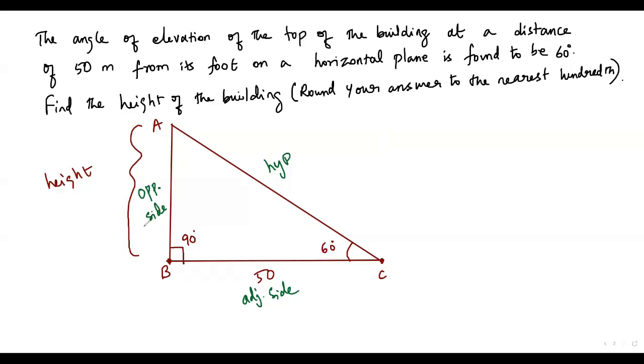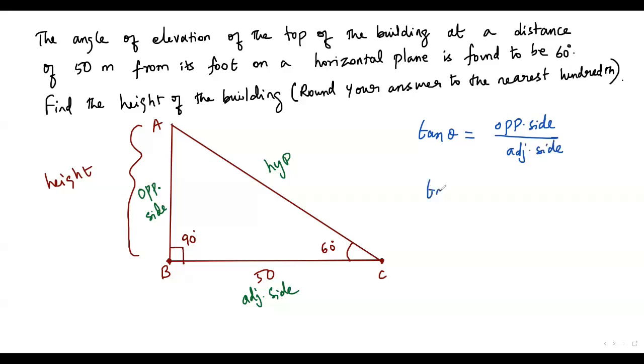So we have to consider the trigonometric ratio in which we have opposite side and adjacent side. Among the three basic trigonometric ratios, sine, cosine, and tangent, we have opposite side and adjacent side in tangent. So we have tangent theta equals opposite side over adjacent side.